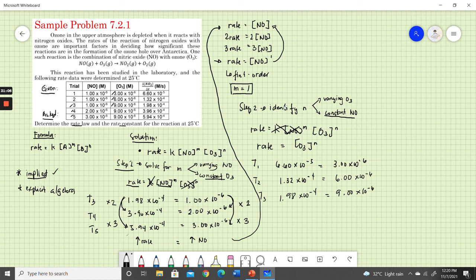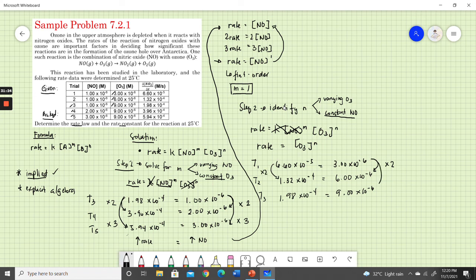And using implied, again, what you notice is that from trials 1 to 2, you doubled your molar concentration of ozone. What happens to your rate is that it also doubles.